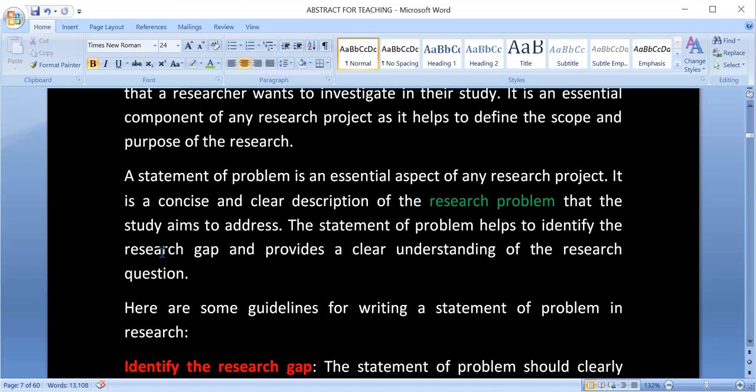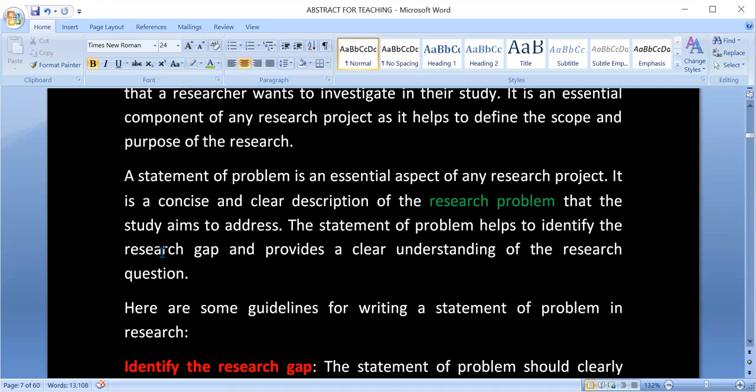Also, it could be that someone has researched on it, but because the method the person used or the population the person used differs, it also creates a gap. It could also be that two different persons have different outcomes from the same population. So therefore, there's need for further research in that area.